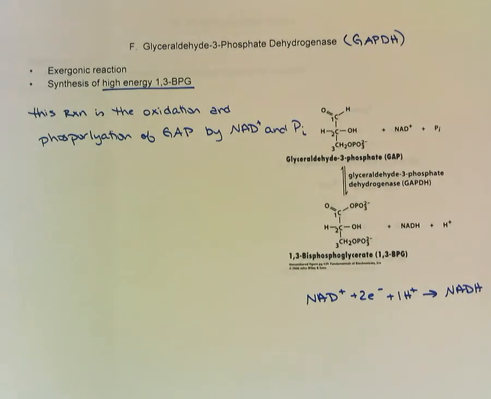Because we have NAD+, it has to be an oxidation reaction. And then it's phosphorylation, because it has phosphate in there.